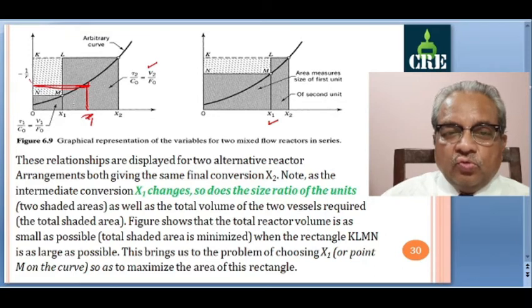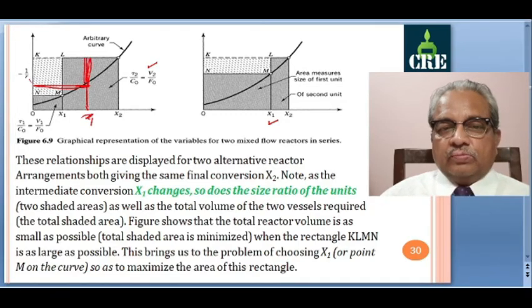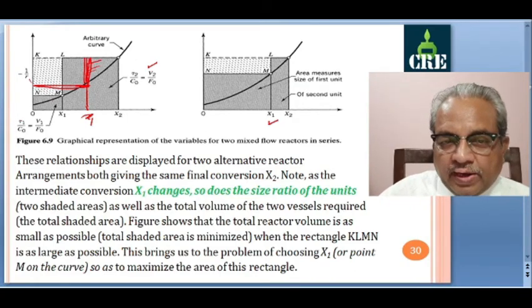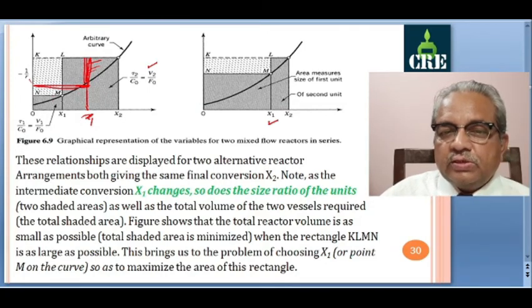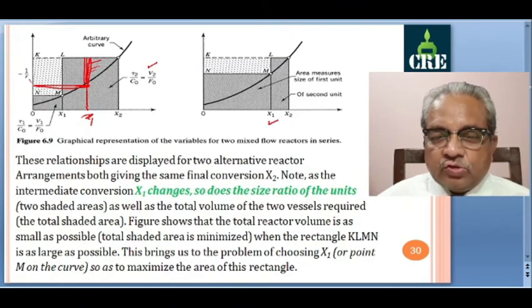So this is the new representation of volume, and for the second reactor it is this one, and for the first reactor it is this one. So as x1 moves, the total volume is different. So the two shaded areas we have to add as total volume for the two vessels required.